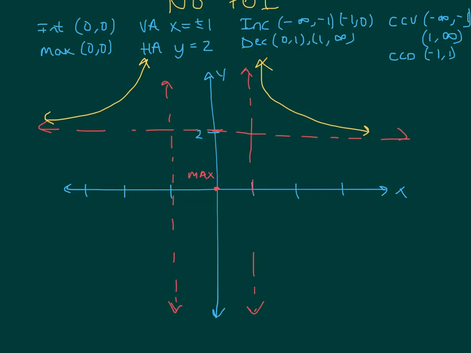So that's pretty plain to see that I'm going to increase here to a max, and then decrease back down in between my vertical asymptotes. And again, showing that symmetry on the y-axis. So you can see that without gaining any other points, only one point I knew on this graph, I was able to sketch a complete graph of my rational function.